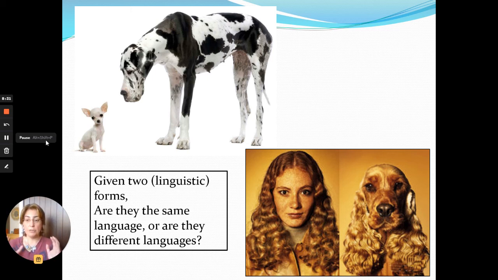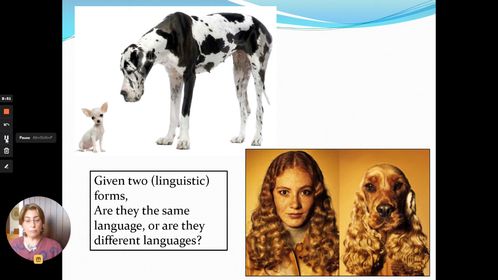So again, when you encounter two different ways of speaking, or two different linguistic objects, then you have to decide whether they belong to the same language and are just two dialects, for example, or they are separate languages.